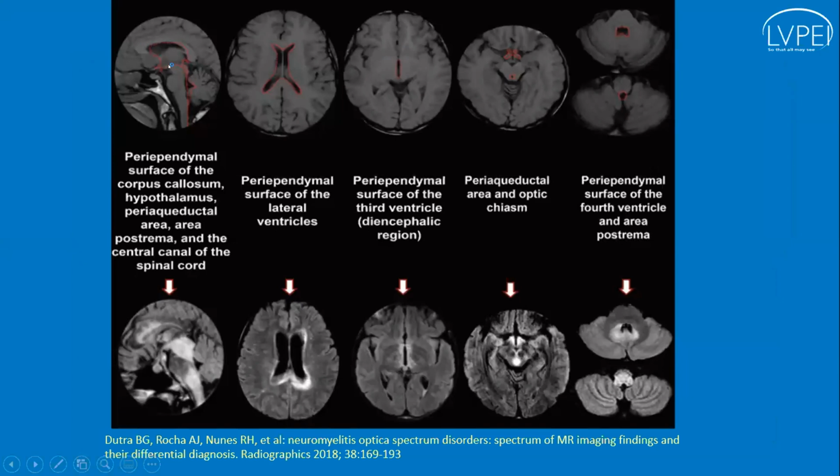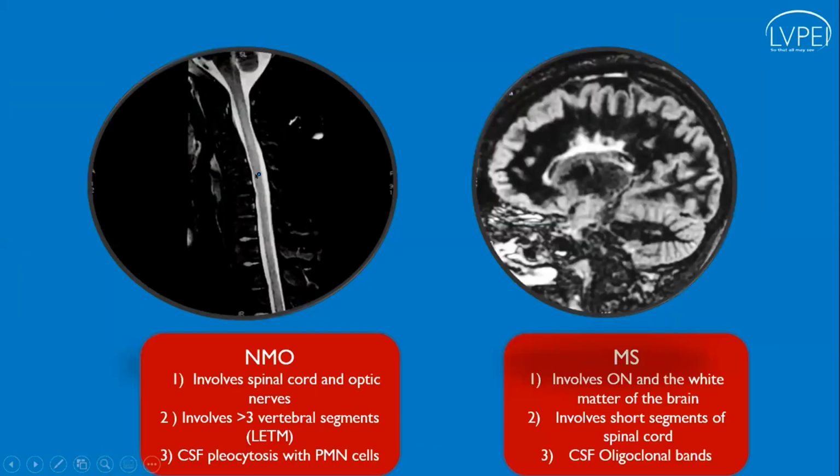It shows where all the aquaporin antigens are present and where there could be lesions in a patient with NMOSD. So if we see this slide, it shows how we can distinguish between MS and NMO on imaging. In MS, there are significant brain lesions, and we can see the white matter involvement, optic nerve involvement, and pericallosal lesions are classical.